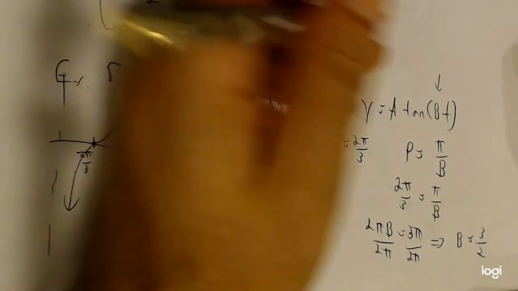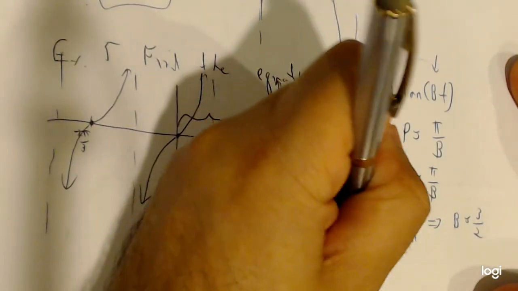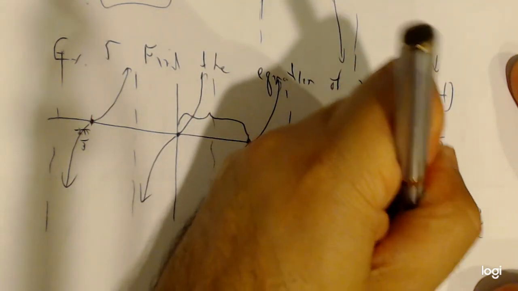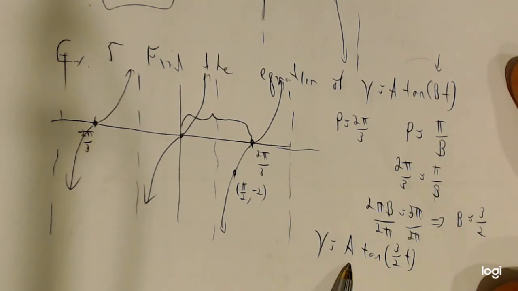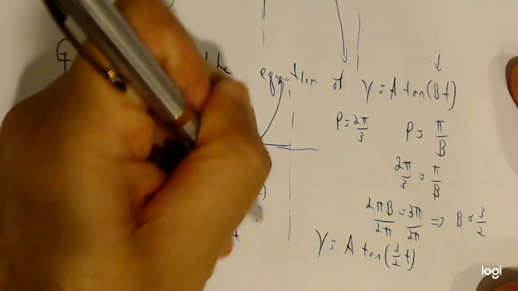Okay, very good. So now this formula can be updated to what? y equals a tangent of 3 over 2 t. Now we could easily find a by doing what? See, this is t, that's y.